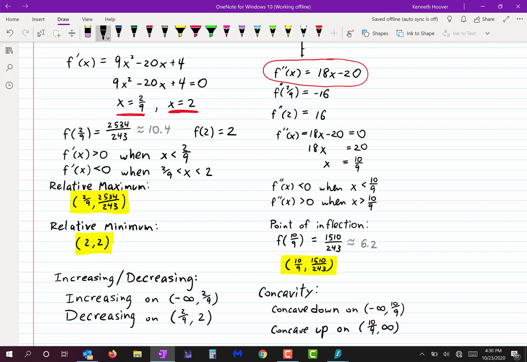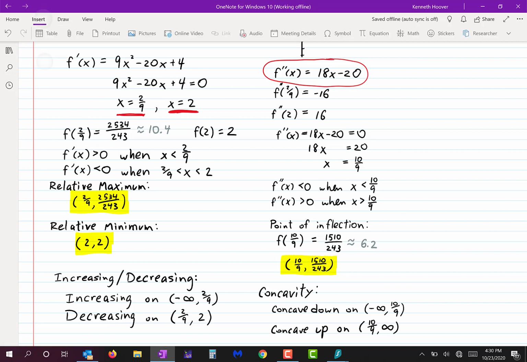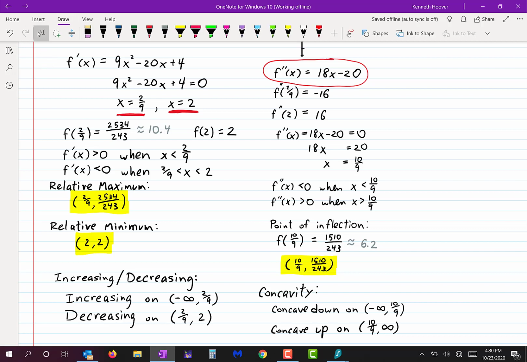And then finally, pick your favorite number bigger than 2. Plug it into f prime, and you'll see that you get a positive answer. So I'm just going to add that on right here. f prime is positive when x is less than 2/9 or when x is greater than 2.